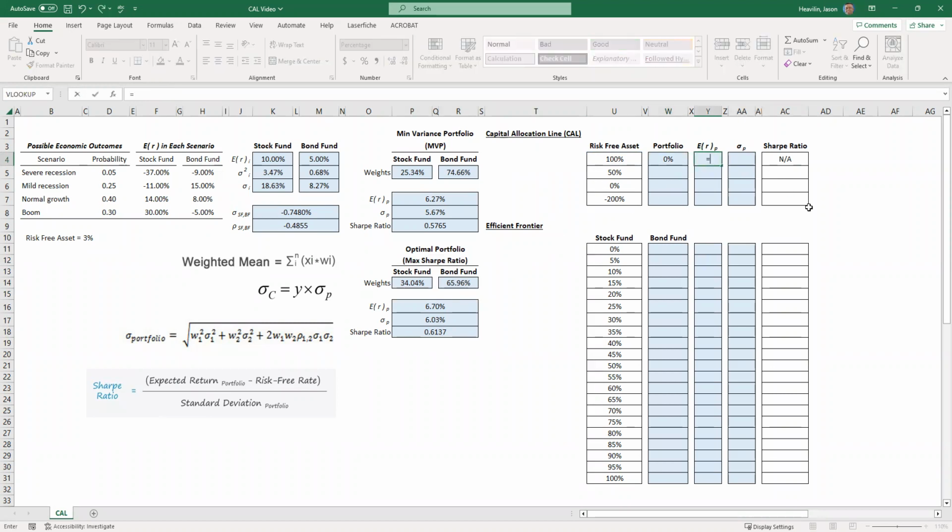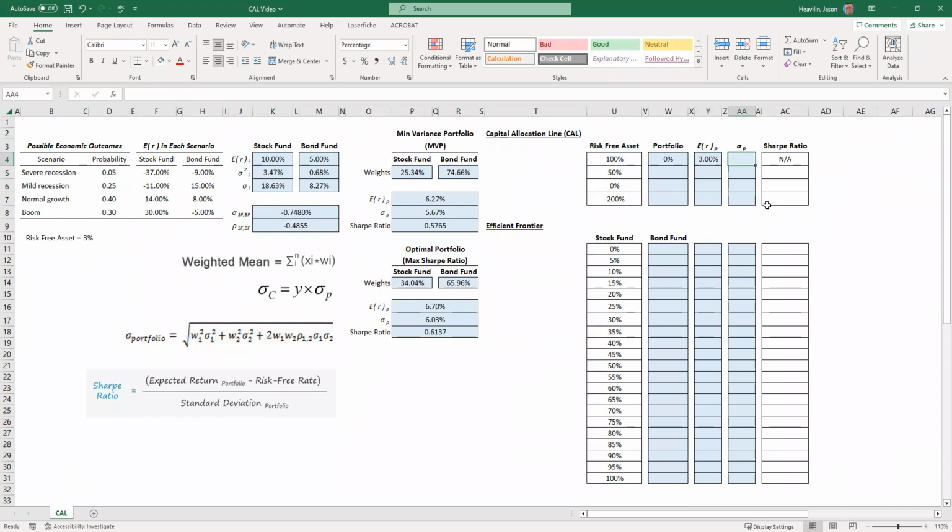If we calculate the returns on that, we get the risk-free weight times the 3% it returns, plus the portfolio weight times the return of that portfolio. And we're going to lock in the return of the risk-free asset and lock in with the dollar signs the return on the portfolio, so we can then drag it later when we want to.